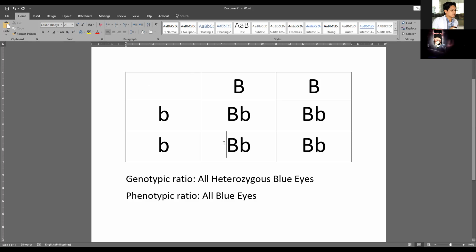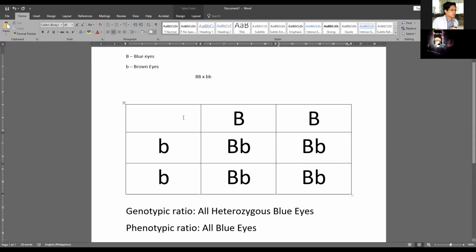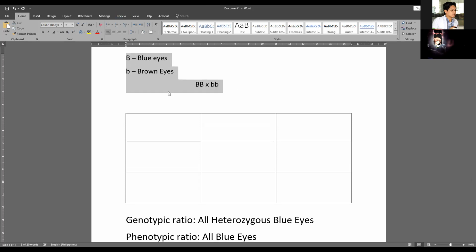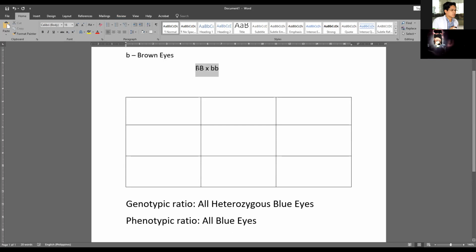If we're going to cross a heterozygous blue eyes male to a heterozygous blue eyes female, what could be the result? Let's have this, the second generation.